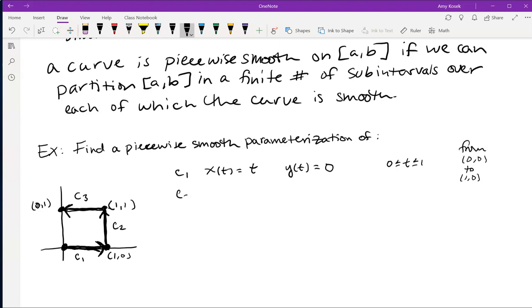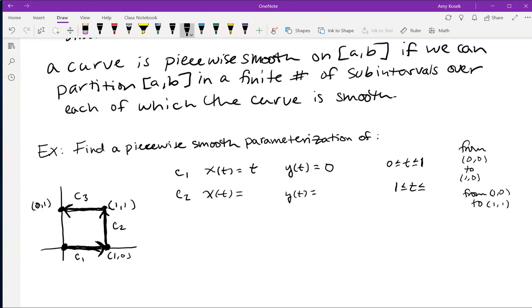Now for C2, again, we're going to need an x of t and a y of t, and we're going to need t values. Because the previous one left off at 1, we're going to need to start at 1. Now this one, we need to go from that bottom point, which is (1, 0), up to the point (1, 1).